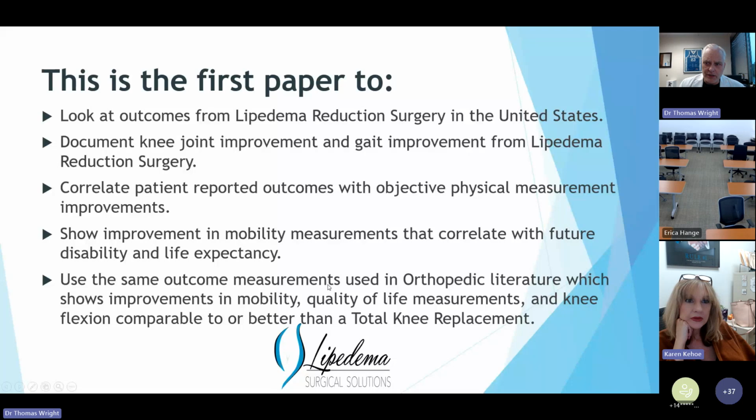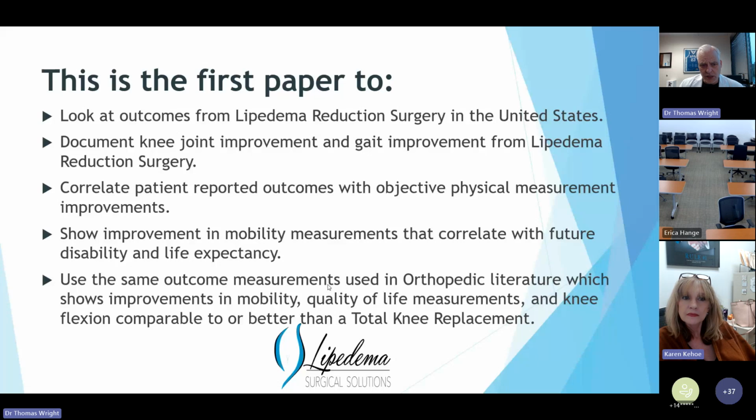So it's the first paper to look at the lipedema reduction surgery in the United States. Most of the studies were done in Europe. It's the first to document knee joint improvement and gait improvement, and it correlates patient-reported outcomes with objective physical measurements.